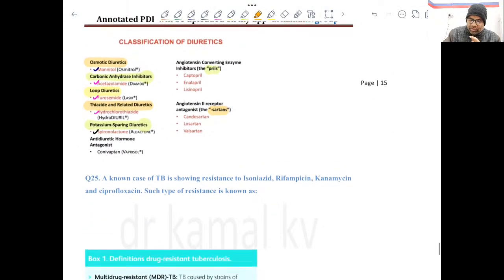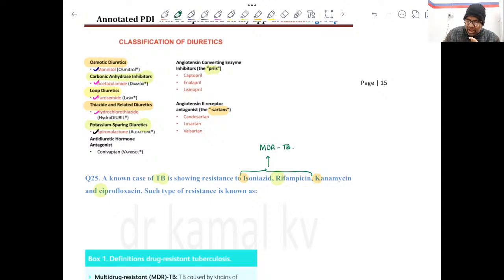Anyway, now moving forward, a known case of tuberculosis is showing resistance to isoniazid, rifampicin, kanamycin, and ciprofloxacin. Now, what kind of resistance is this? So, if there is resistance to only these two drugs, this is multi-drug resistance tuberculosis.